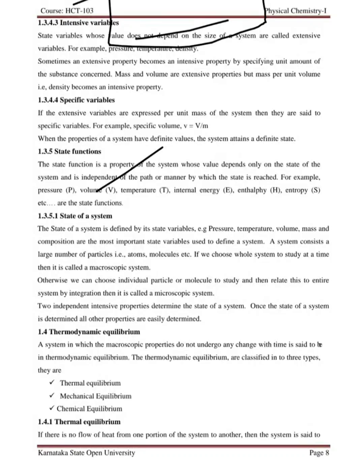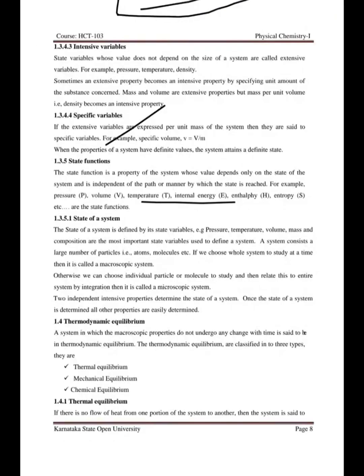The state function is a property of the system whose value depends only on the state of the system. For example, pressure, volume, temperature, internal energy, enthalpy, entropy are the state functions.